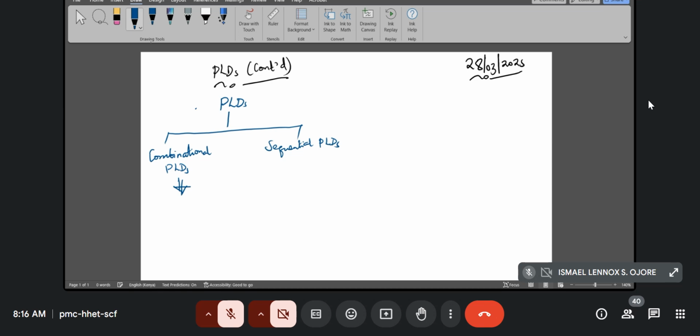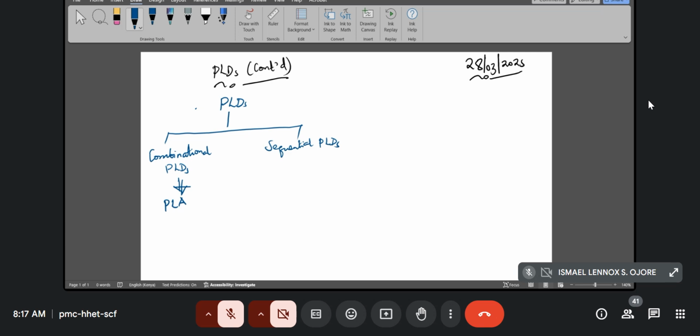Can somebody give us examples of combinational PLDs? We looked at this last time. PLA. And what is that in full?